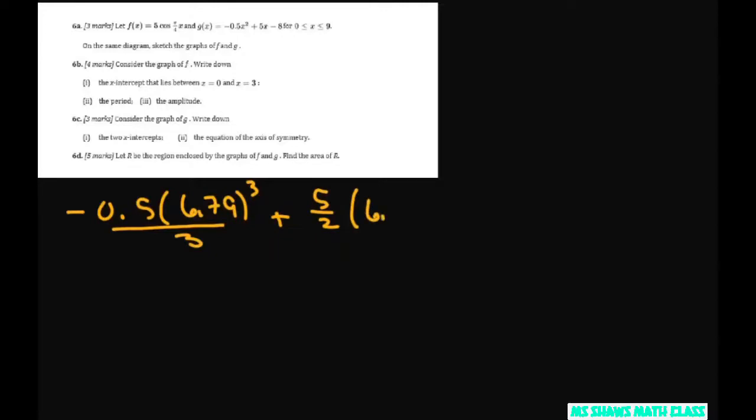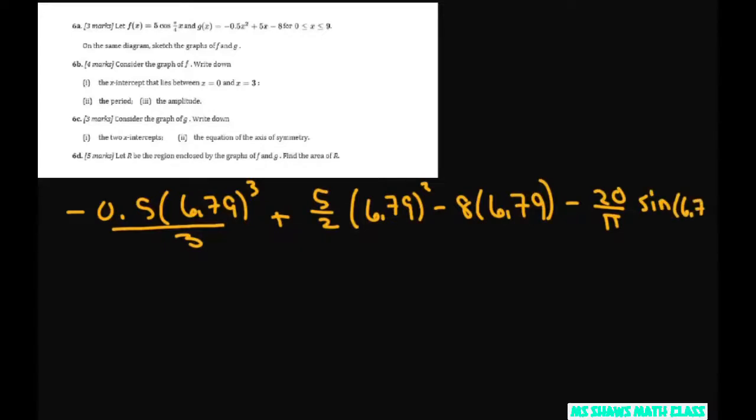So let's plug everything in, and you're going to get negative 0.5, 6.79 cubed divided by 3, plus 5 halves times 6.79 squared, minus 8 times 6.79, minus 20 divided by pi, sine of 6.79.